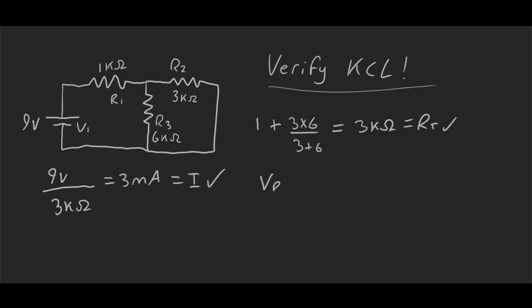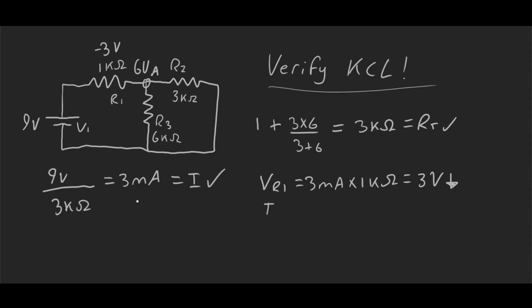So voltage drop across R1 is 3 milliamps times 1 kilo ohm, which will give you 3 volt drop. So because 3 volts is dropped here across R1, 6 volts will make it to node A.